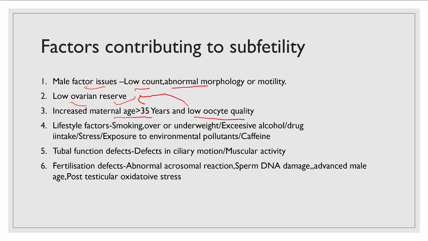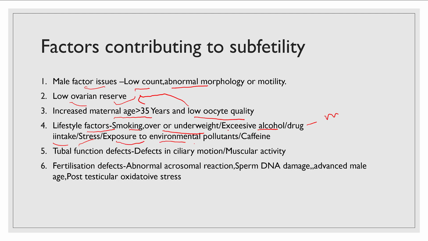And then the lifestyle of a couple: smokers, overweight to underweight, alcohol usage, drug intakes, medicinal drugs as well as recreational drugs, cocaine, heroin, amphetamine usage, stress, lifestyle stress or work-related stress, they all contribute.